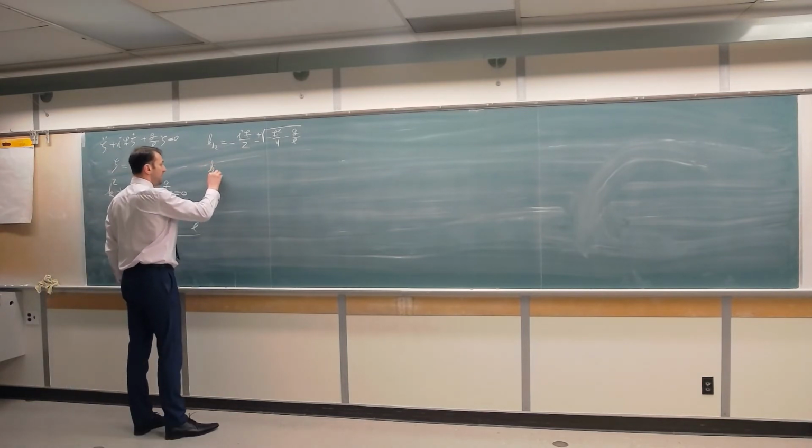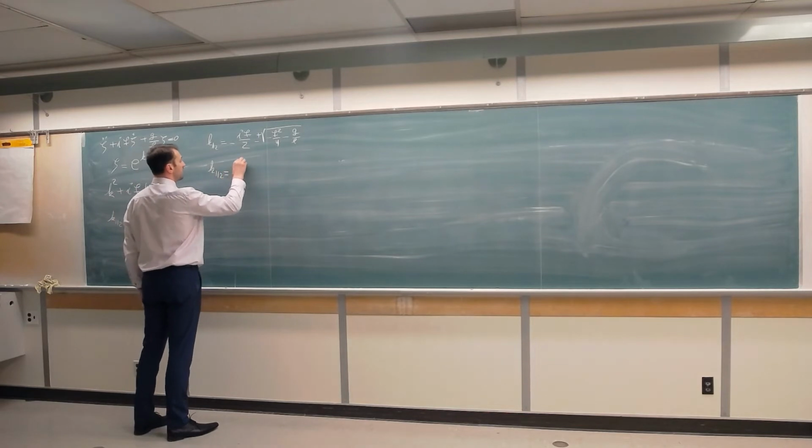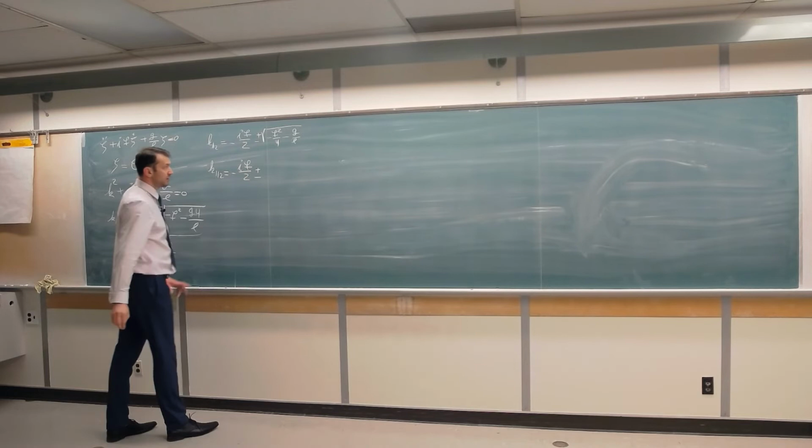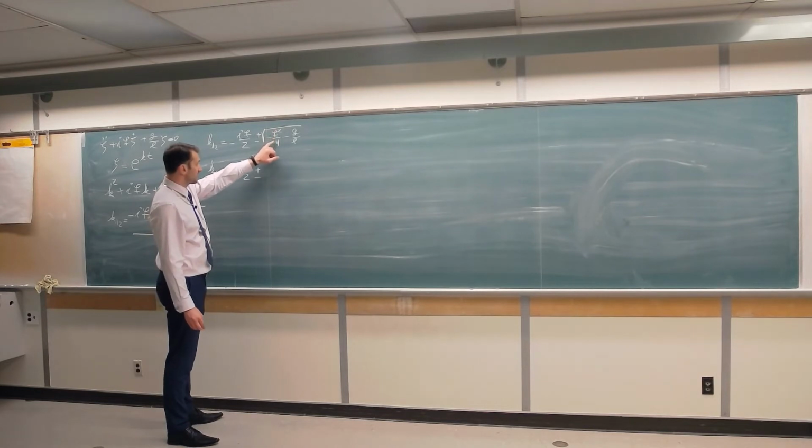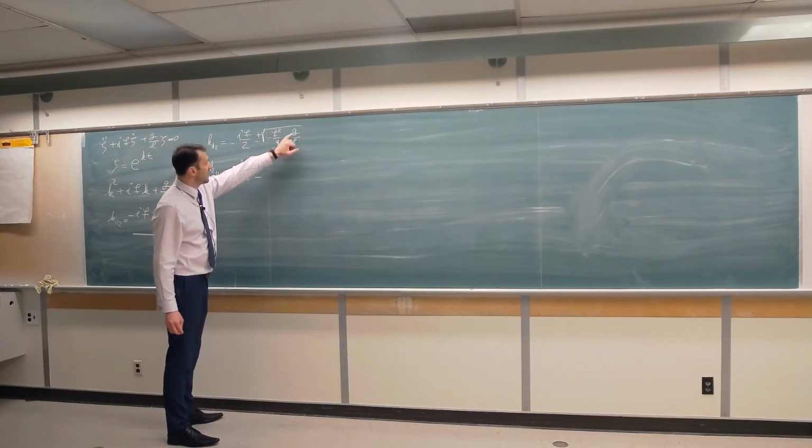Or k1,2 is equal to negative i f over 2 plus minus. Notice that I can factor out negative 1, and this will become f squared over 4 plus this.